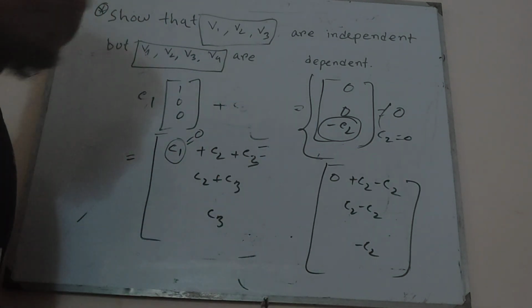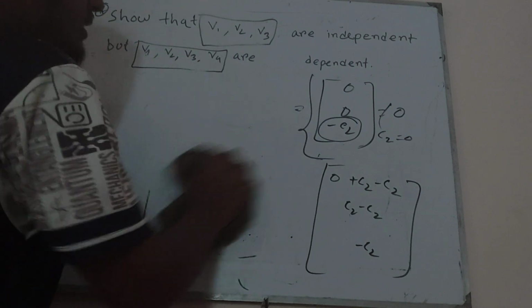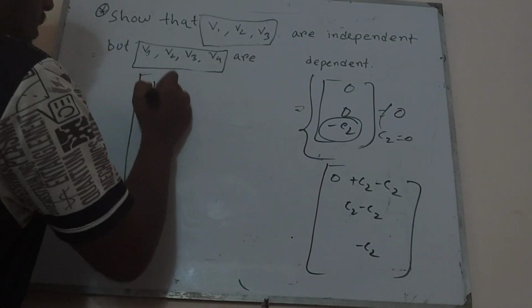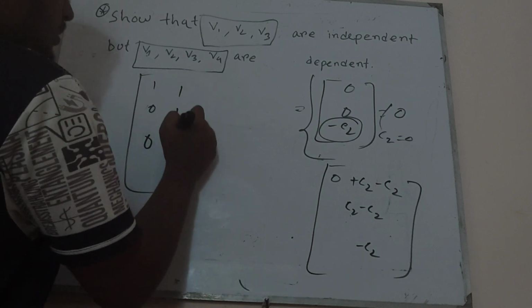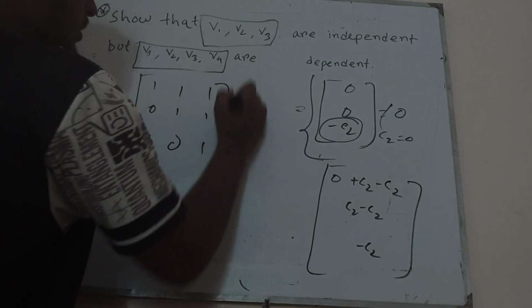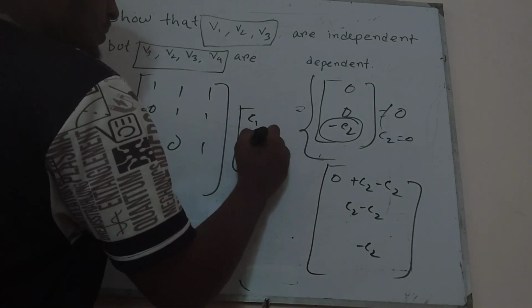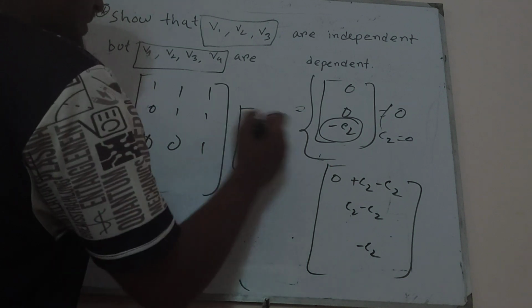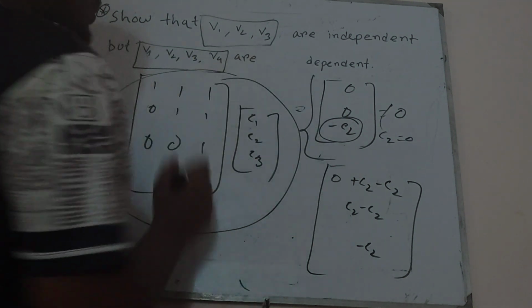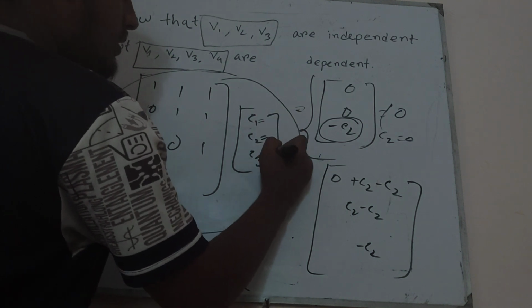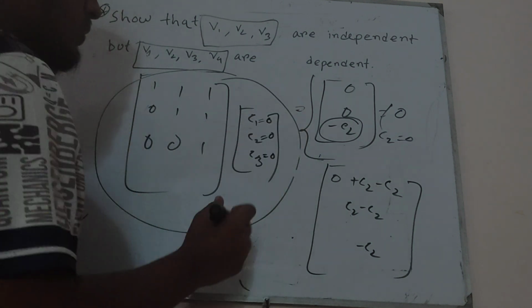So the combination of (1,0,0), (1,1,0), (1,1,1) with C1, C2, C3 will be 0 if and only if C1, C2, C3 equal 0.